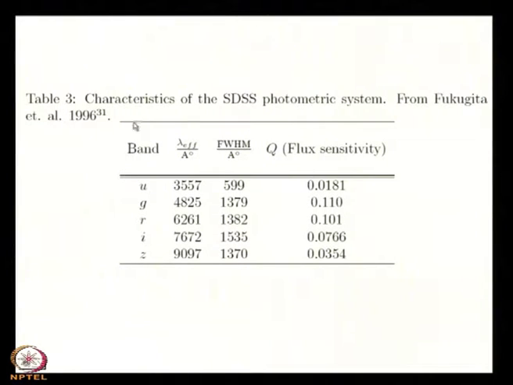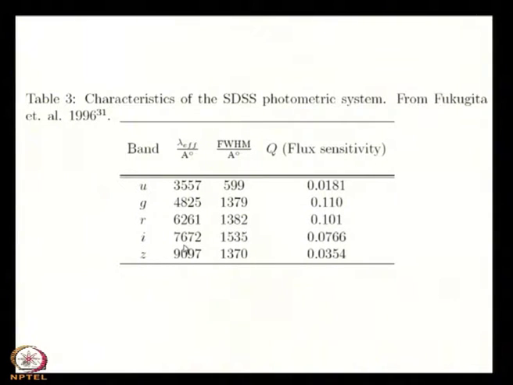And they have used this band system. So, they have measured the flux in these 5 bands, and note that the bands here extend from ultraviolet all the way into the infrared. The Z band and the I band, these are in infrared.